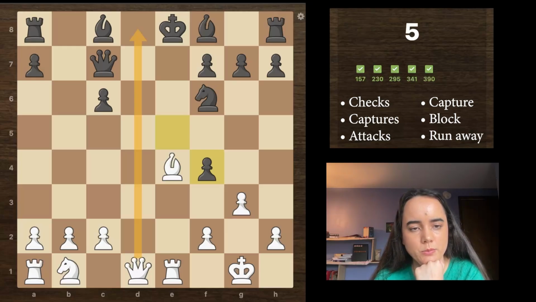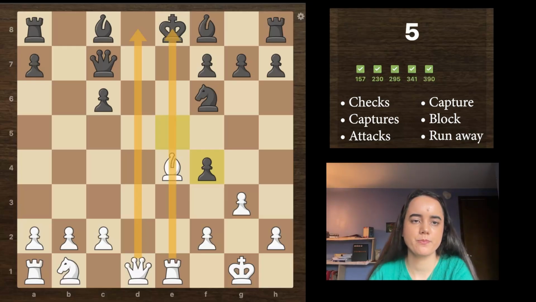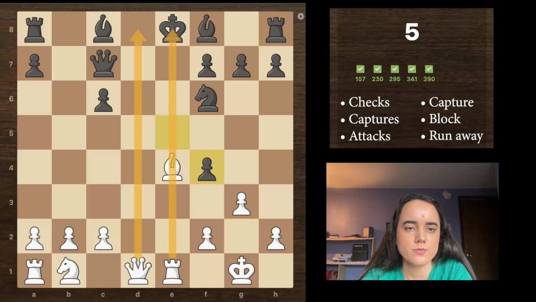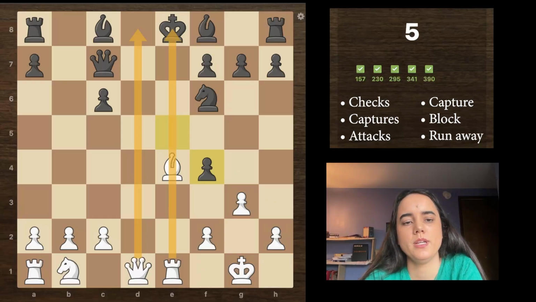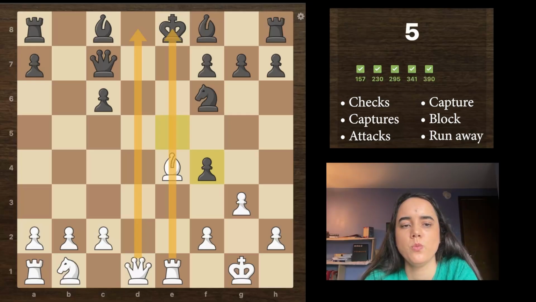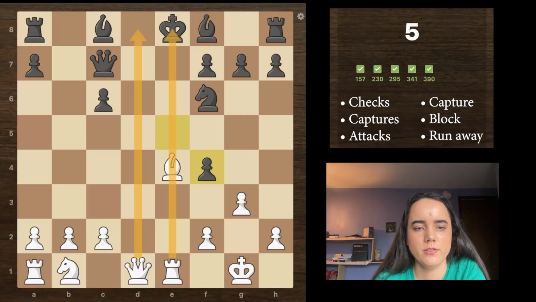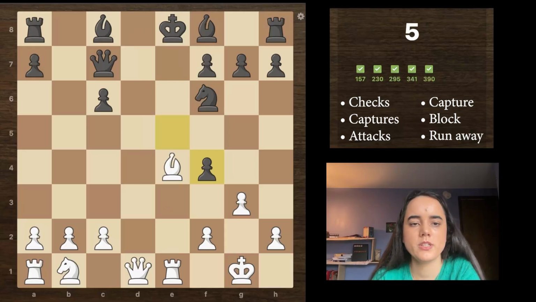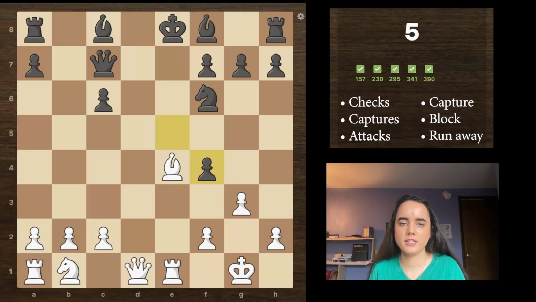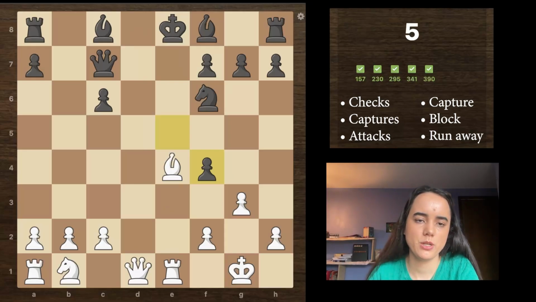And when we unveil the discovery, the rook is going to be covering all these squares. So, one thing to think about is once we make the discovery, is there any way he can block? And that's one thing to think about to decide where we want to put our bishop.